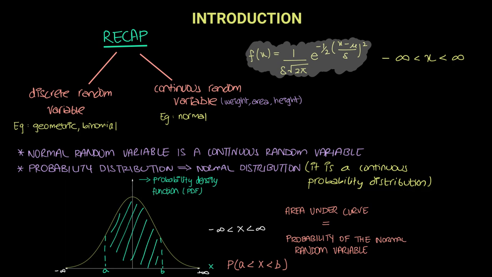Now, won't it be too complicated if we constantly have to integrate this equation, apply the limits? For example, in this case, if we apply the limits a to b and integrate this equation, we will be getting a really complicated equation which will give us the probability. So what mathematicians have done to make this simpler is they have formed a table which has probabilities.